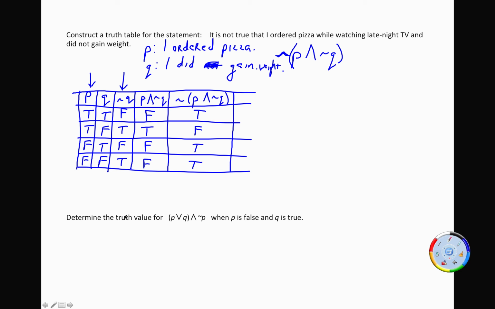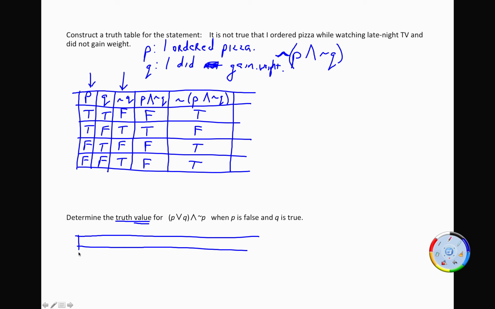On this last one, notice how it doesn't say construct a truth table. It just says determine the truth value for this statement. And in order to determine the truth value, I have to know when P is false and Q is true. So basically what that means is I'm just making one row, including your header row, of the table.